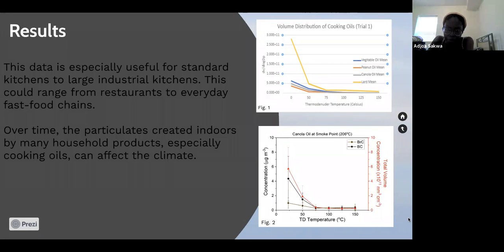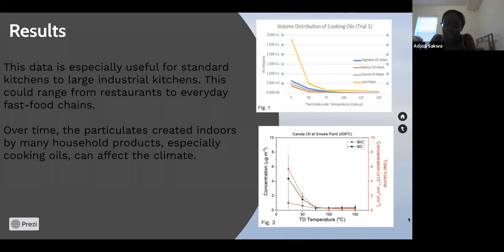And on the y-axis is dV log, that's the concentration of how much space the aerosols took up. And if you look at the second graph, the red line is basically the same as the graph above, but more compressed.